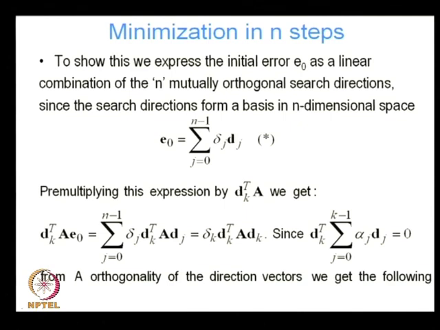When that happens, I get this term delta k dk transpose A dk. That is true since dk transpose times the sum over j equal to 0 to k minus 1 of alpha j dj equals 0, which is because they are orthogonal.